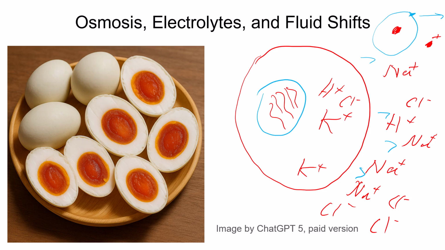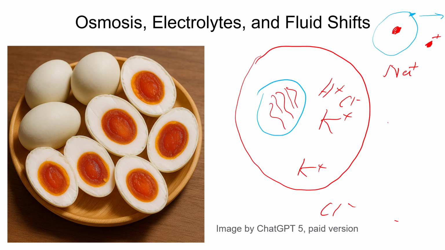However, if we have too many electrolytes inside the cell, or let's say we take away the electrolytes outside the cell, if we take a lot of them away, so now there's very few electrolytes out here, then the water will want to move into the cell to be with the electrolytes there. And you might think, oh, maybe this is good. Now the cell has lots of water.